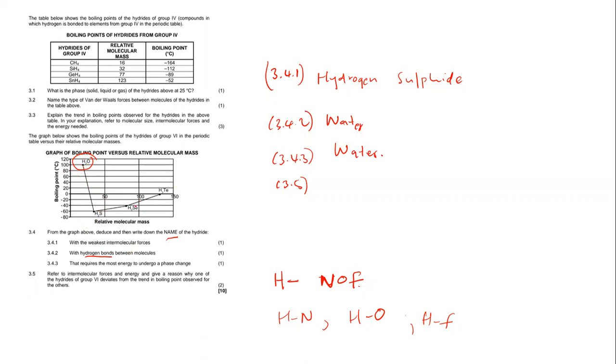When we explain why water is an outlier or deviates from these other hydrides, you're going to refer to the intermolecular force that water experiences, because this is what is happening. All of these hydrides have the same or common intermolecular force. But water has two types of intermolecular force, including the intermolecular force that these experience.